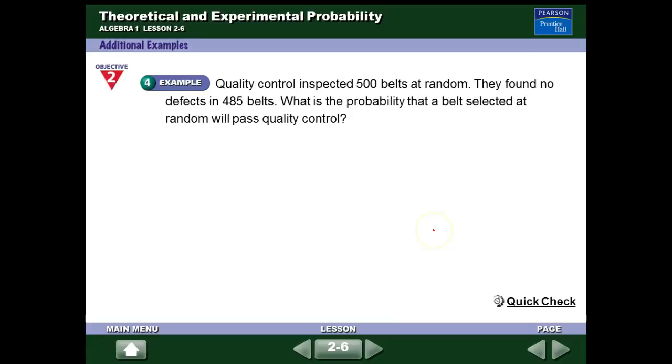Next example, quality control inspects 500 belts at random. They found no defects in 485 belts. What's the probability that a belt selected at random will pass quality control?